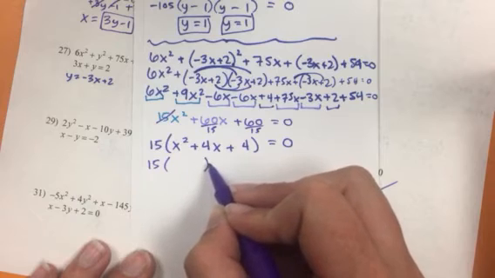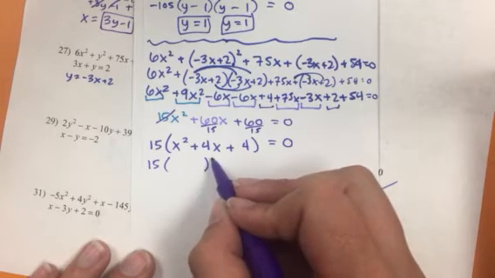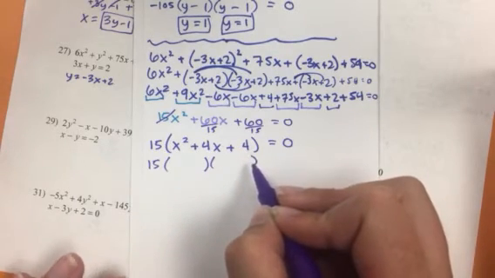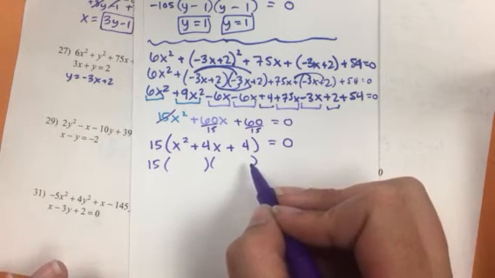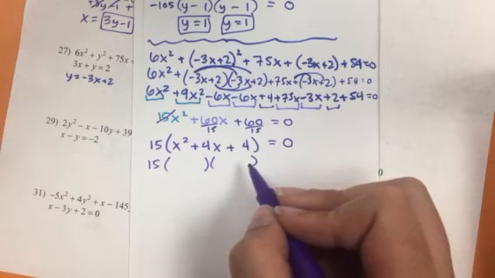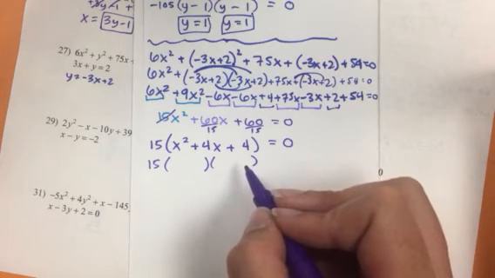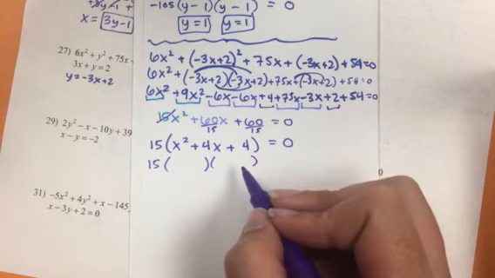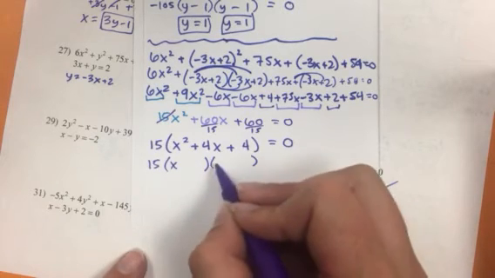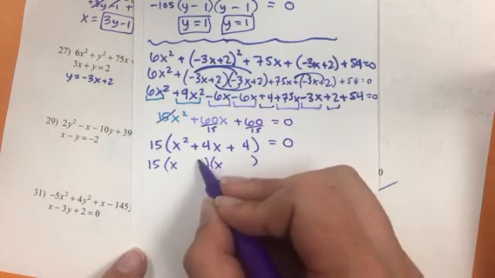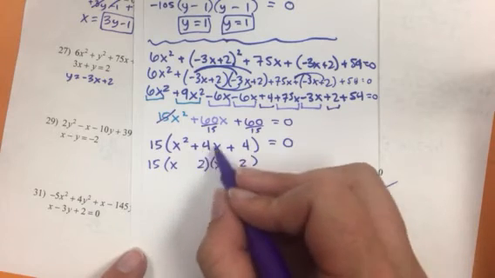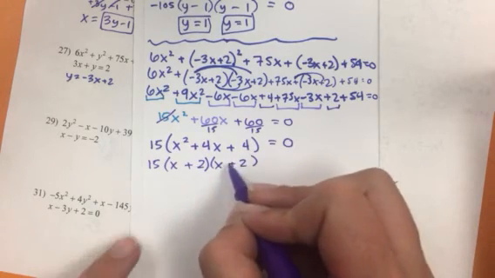Factor it. And that means we have x. 4 breaks into 2 times 2, and because it's a plus 4, they're both positives.